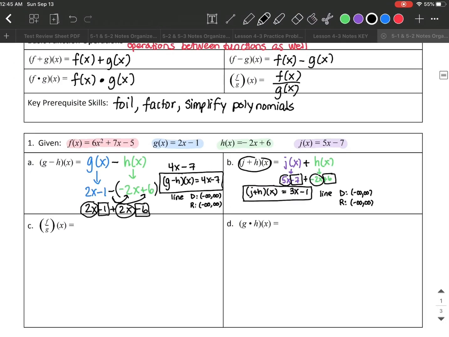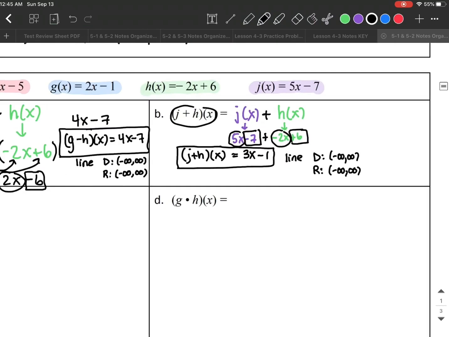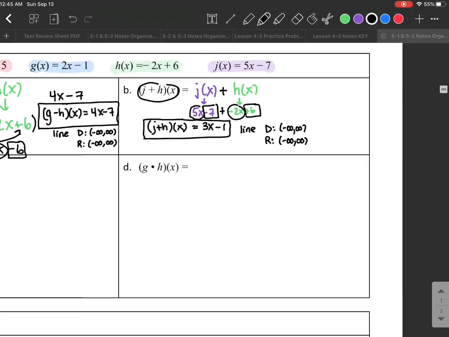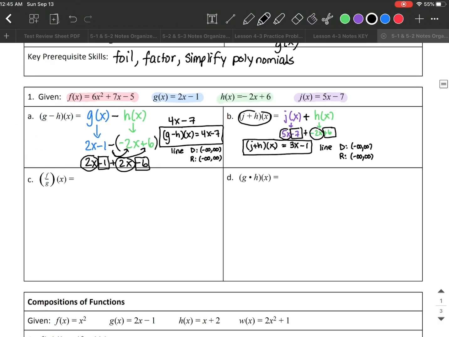All right, we're going to do D first, and then we're going to go to C because it's a little harder. We have g times h of x. So what we're doing is taking g of x and multiplying h of x.